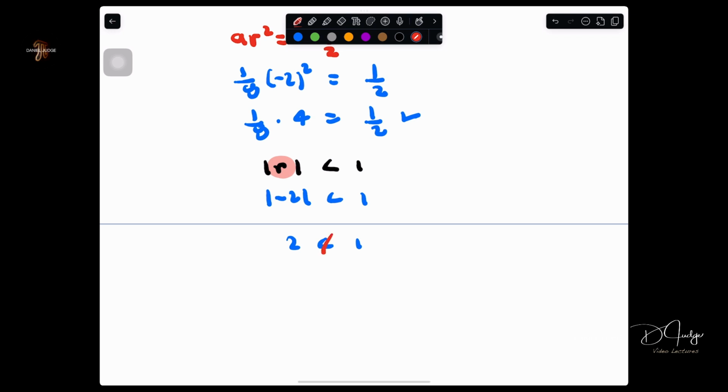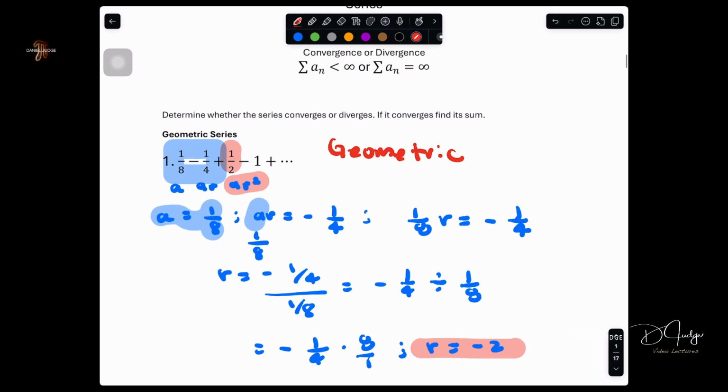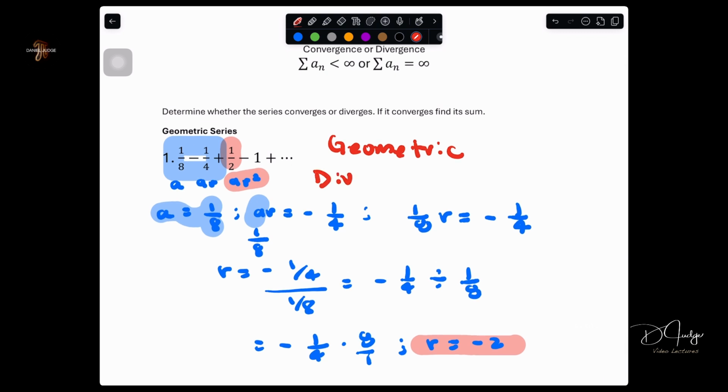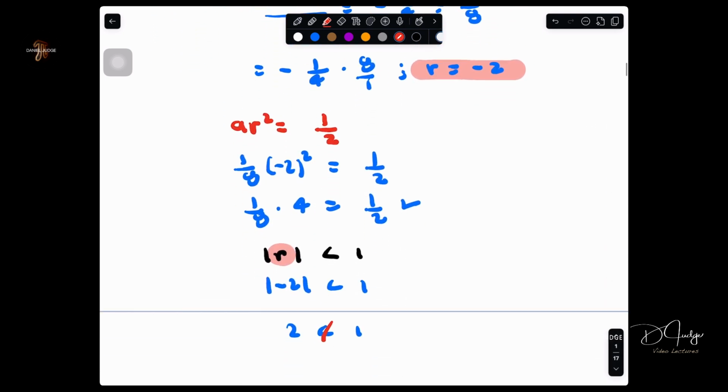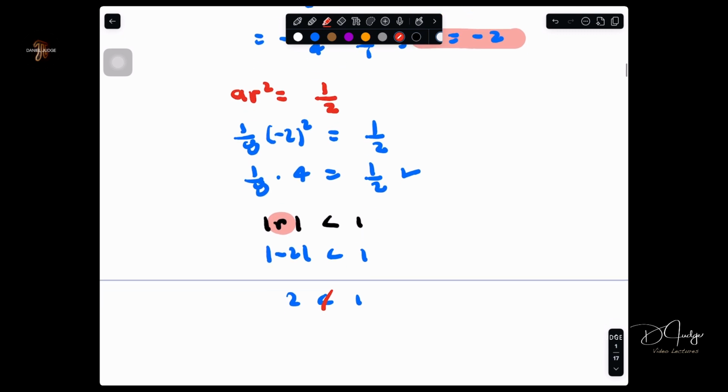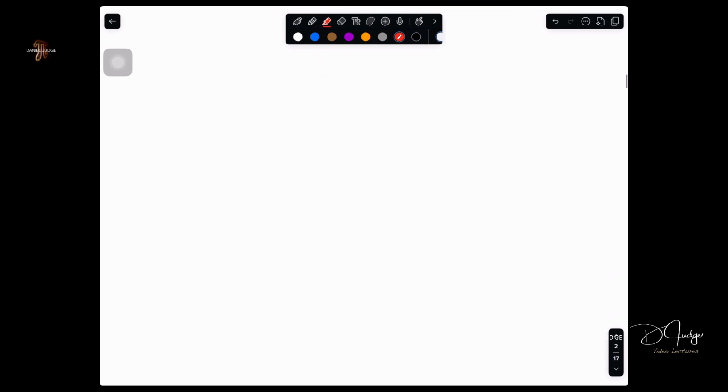So this is a case where the geometric series diverges. We have a divergent geometric series for question 1. That's divergent because R is negative 2. So we have to check this criteria here.